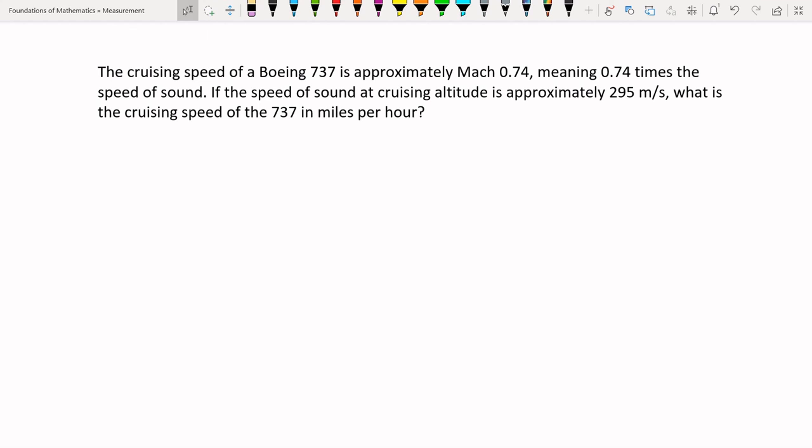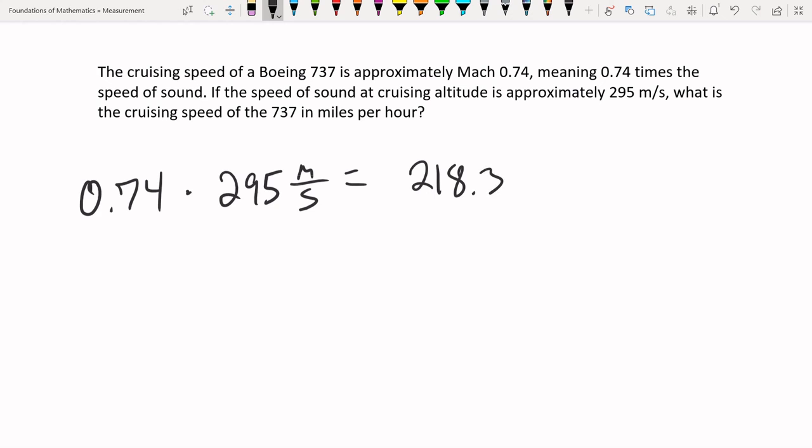So we need to take 0.74 times 295 meters per second. It gives us 218.3 meters per second. That's the speed of the Boeing 737 in meters per second at the cruising speed.